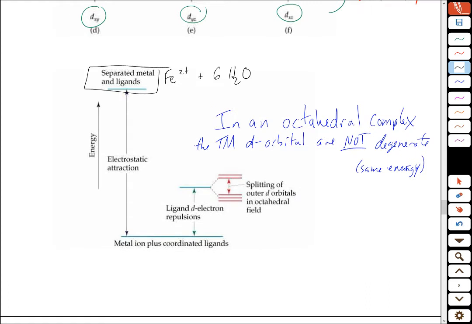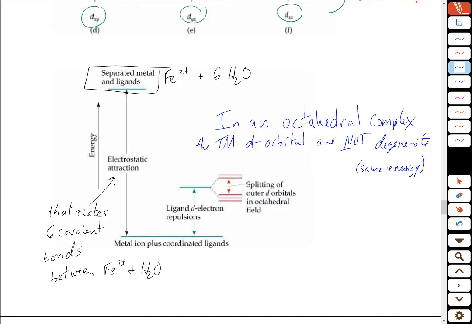When the water molecules bond to the transition metal ion, this electrostatic attraction creates 6 covalent bonds between the iron and the water. We get the metal ion plus the 6 coordinated ligands.